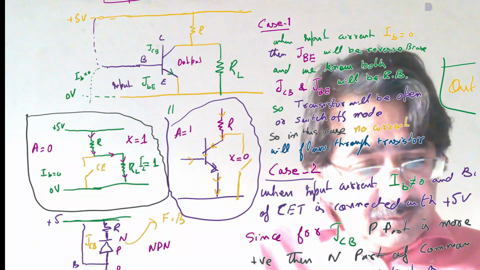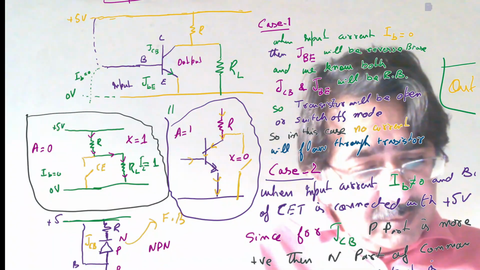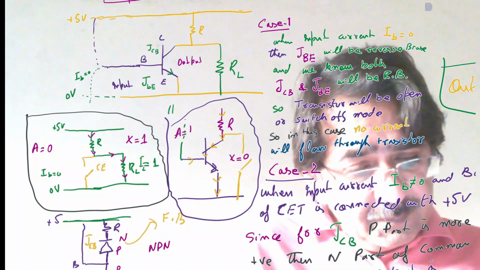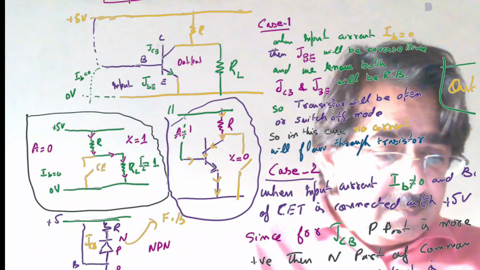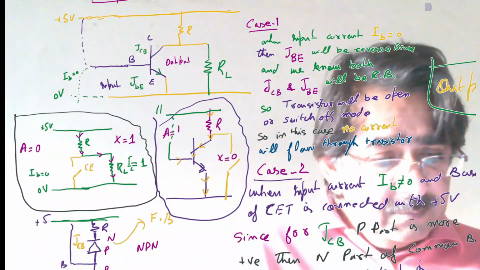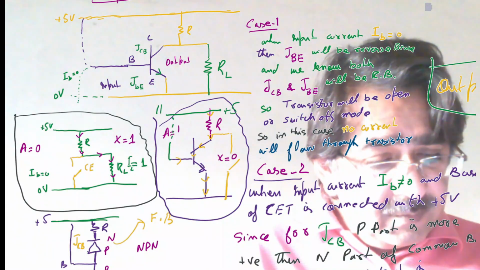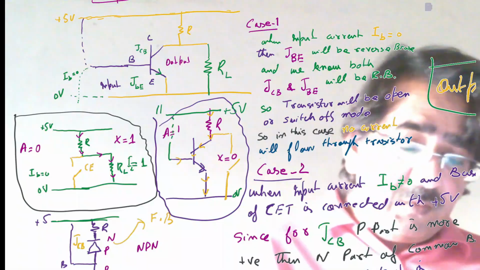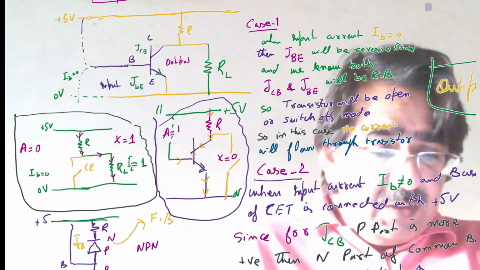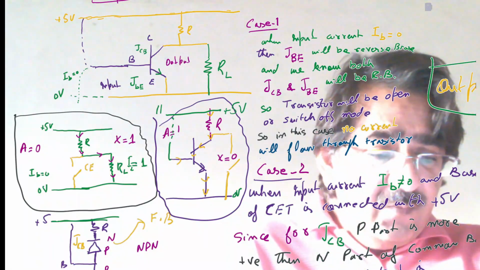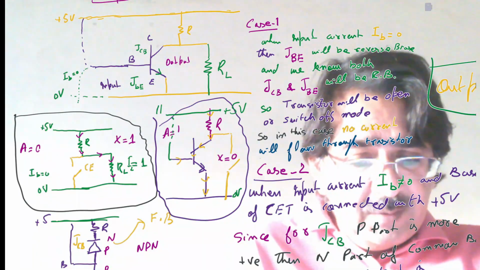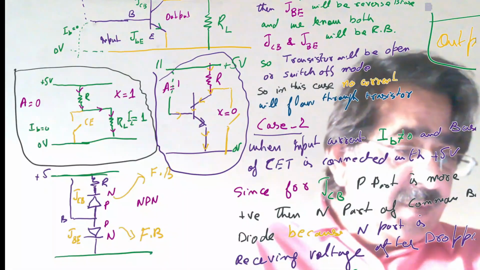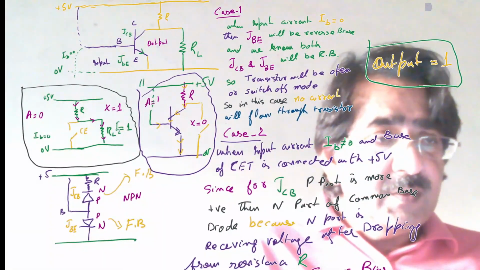This is also connected with 5 volts. So when the input is connected with 5 volts, input is 1, output will be 0. When input is 0, then output will be 1.